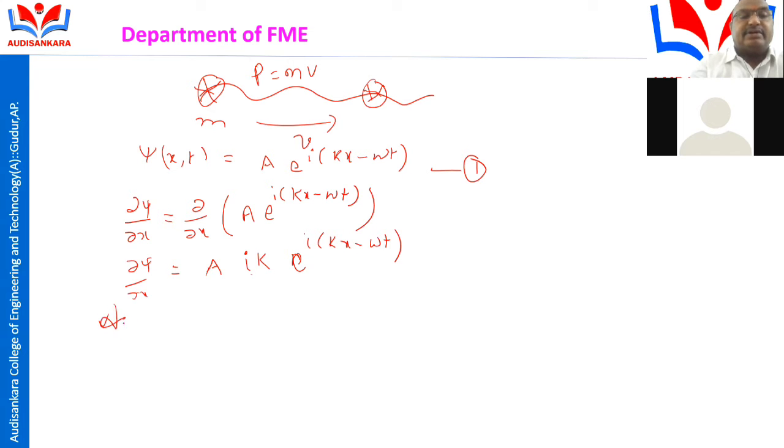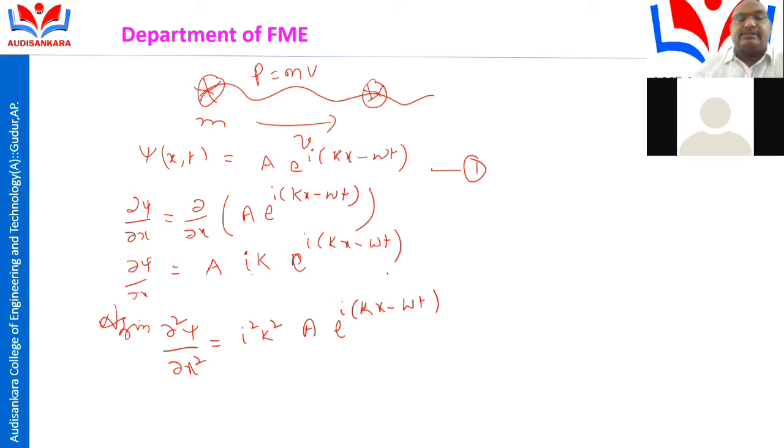Again differentiating, dou square psi by dou x square is equal to i square k square A e power i(kx minus omega t).